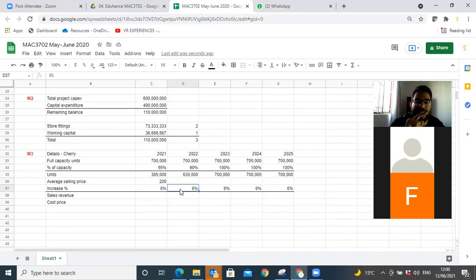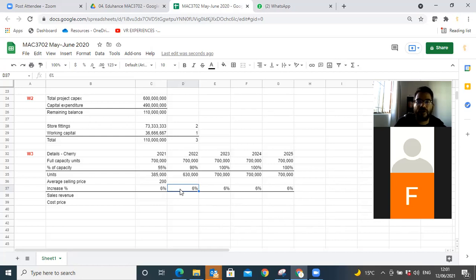But because the price that they gave us is the price in 2020, the increase starts from 2021. So that's another aspect to take note: when do you apply the increase? Do you apply it from 2021 or from 2022? If the 200 Rand was the price for 2021, then the increase only starts from 2022.